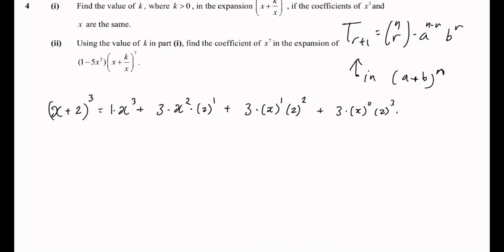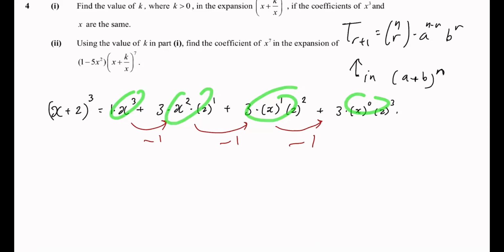What you notice is that the powers have a pattern: minus 1, minus 1, minus 1. Correct or not? For each term. Then if I call this the first term, the second term, the third term, and the fourth term, how can you see that there is a link, there is a pattern?